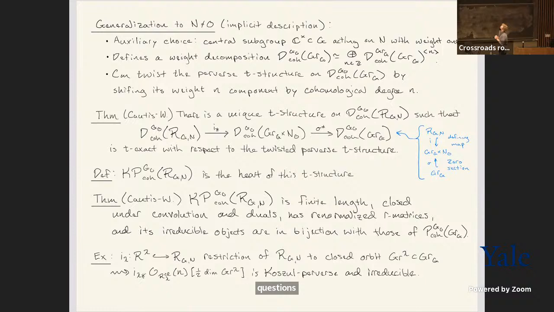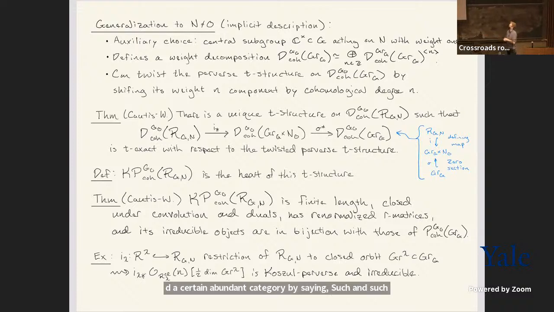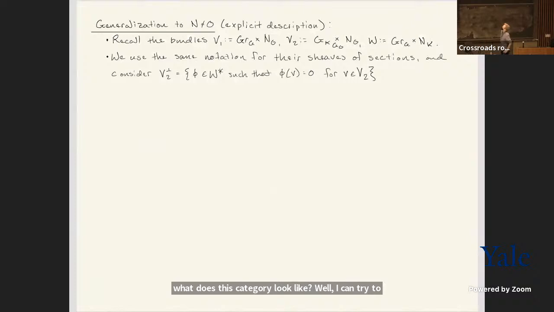All right. So I kind of asserted the existence of this. I characterized a certain abelian category by saying such and such functor is T exact with respect to some T structure that was already a bit mysterious. What does this category look like? Well, I can try to say a bit more explicitly what it is as follows.